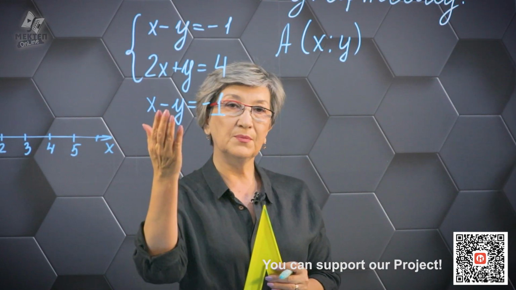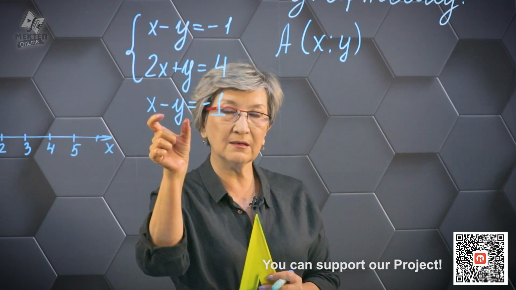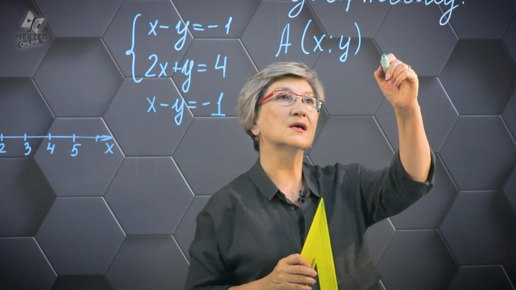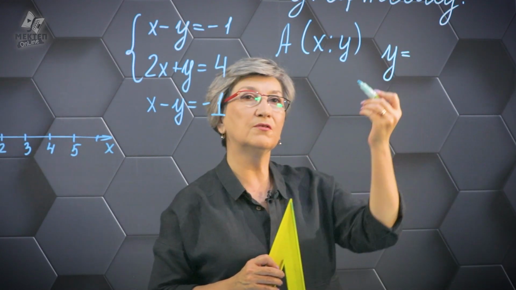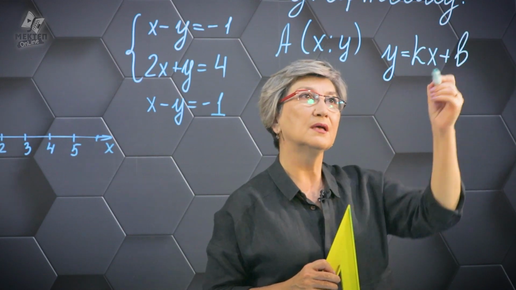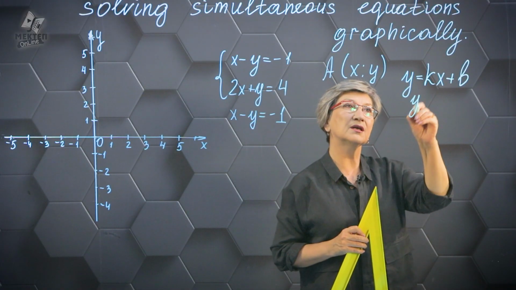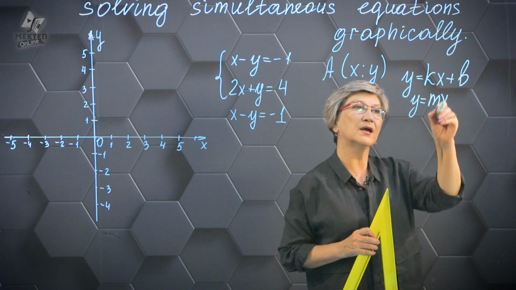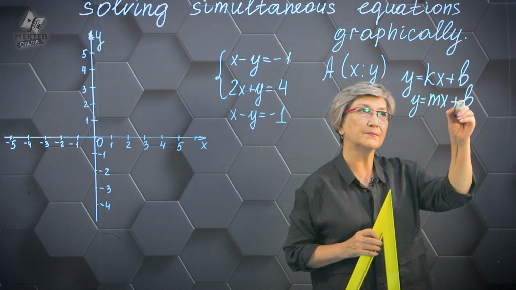We will apply the algorithm for constructing the graph of a linear function. What should we do for this? First of all, to plot the graph, we need to express variable y in terms of variable x. Why? The reason is that a linear function's graph is represented as kx plus b, or sometimes this equation is written as y equals mx plus b.